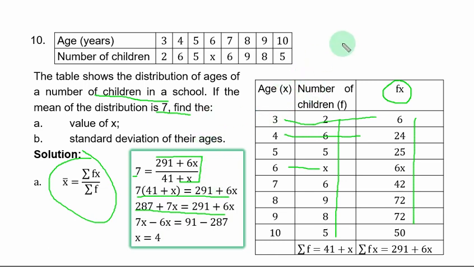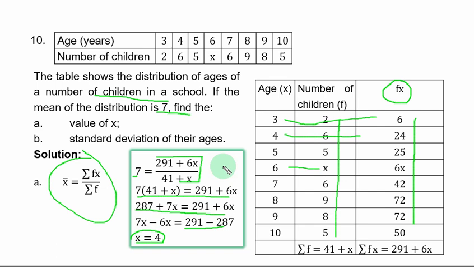If you do that, you have 7s minus 6s equal to 291 minus 287. So s is equal to 4. So therefore, number of children that are 6 years, they are 4 in number.